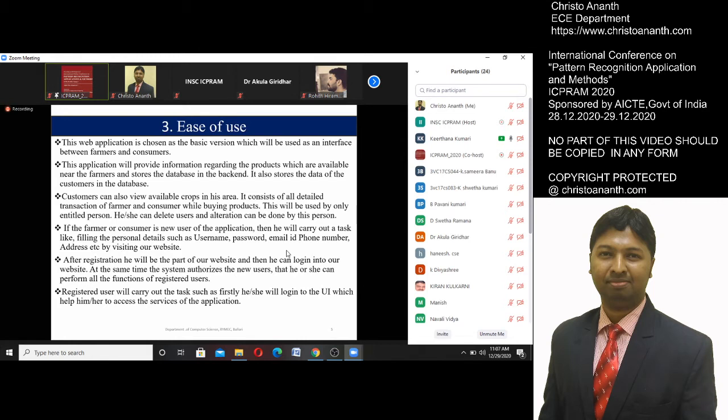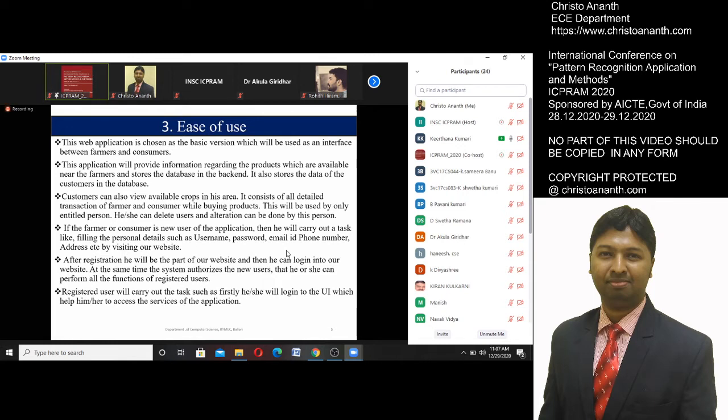So we are going to develop this web application for the benefit of farmers and also consumers. This application will include a database stored in the backend with both farmers' details as well as consumers' details. Customers can also view available crops in their area.